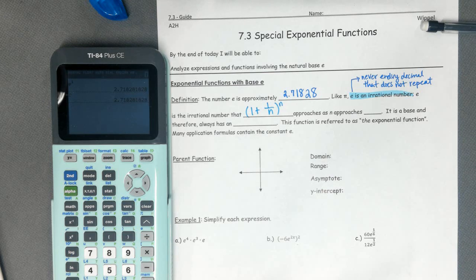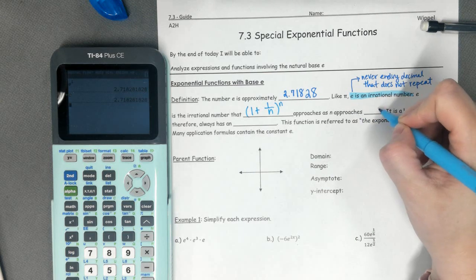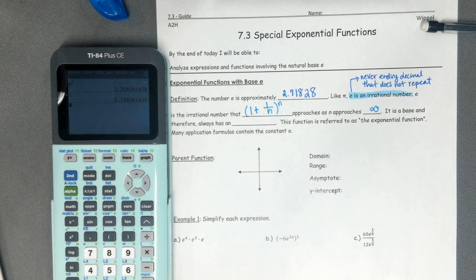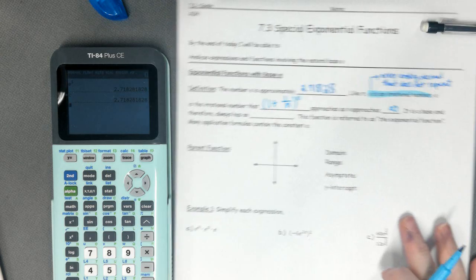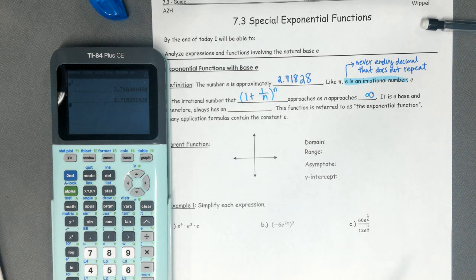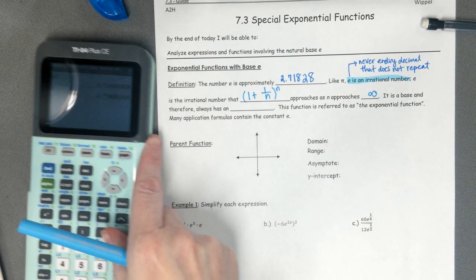And you evaluate that when n approaches infinity. We're not going to do anything like that this year, but that is something that you'll look at towards the end of pre-calculus, and definitely something that you'll do in calculus. It's called limits. So you see what happens as things approach infinity or negative infinity.